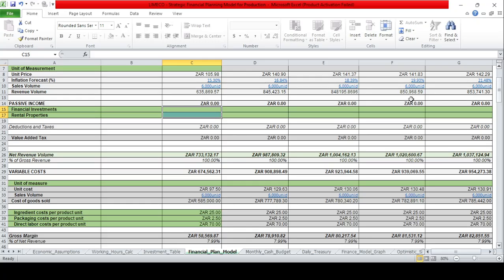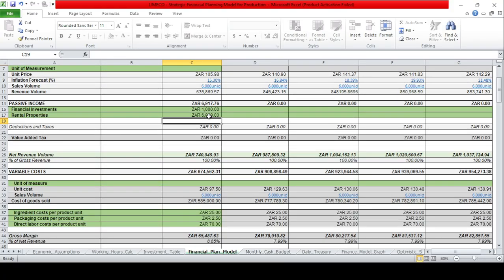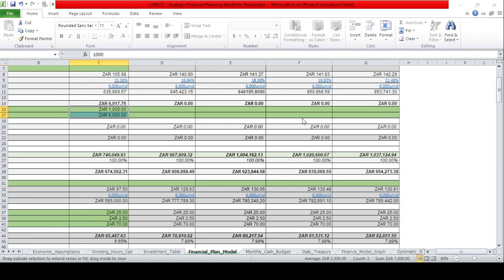But we can use it. 1,000 rand is our expected income from financial investment, and 6,000 rand is our expected income from rental properties. We can push it.